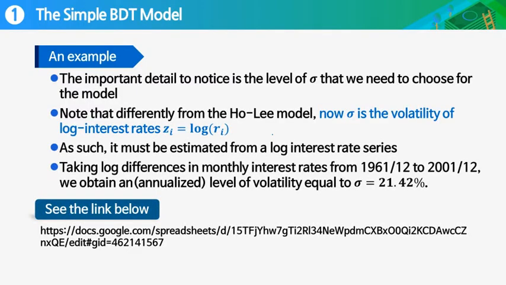The important detail to notice is the level of sigma that we need to choose for the model. Note that differently from the Ho-Lee model, now sigma is the volatility of the log interest rate, z equal to log of r_i. Therefore, it must be estimated from a log interest rate series.